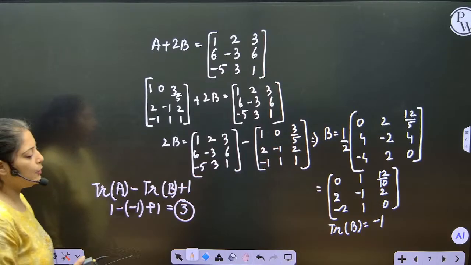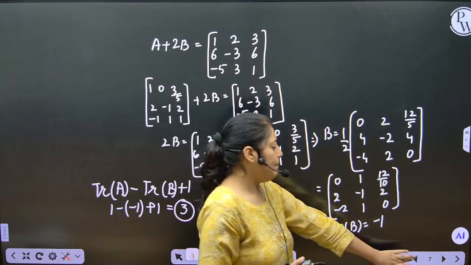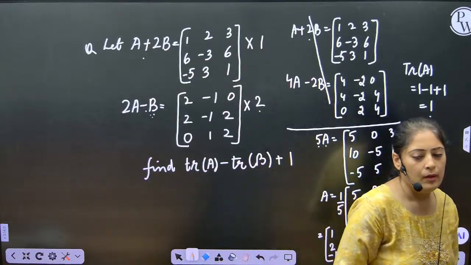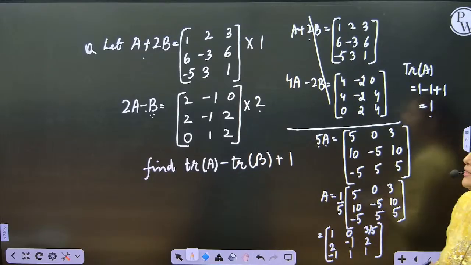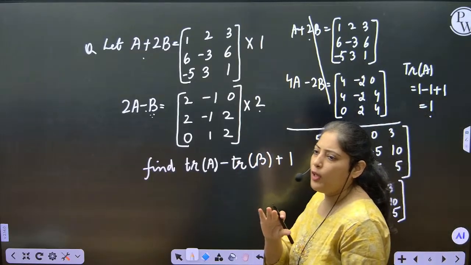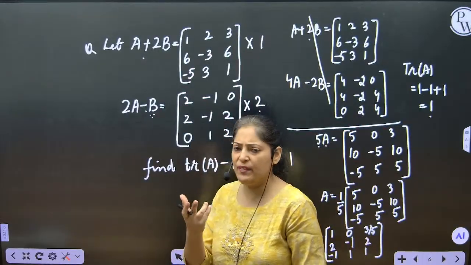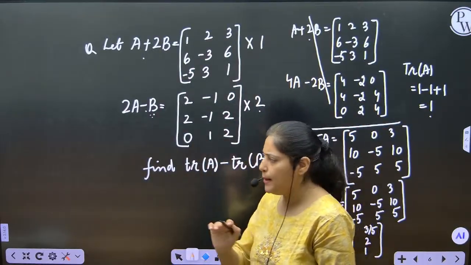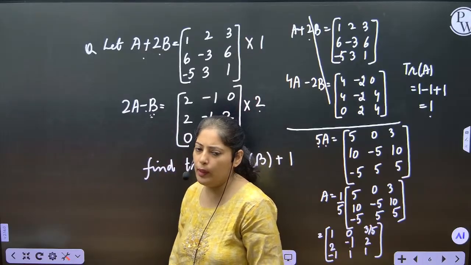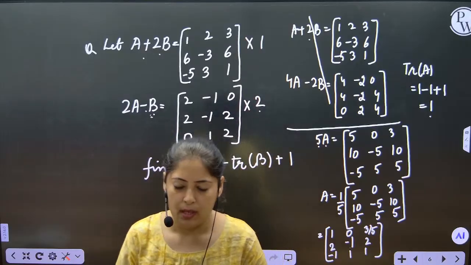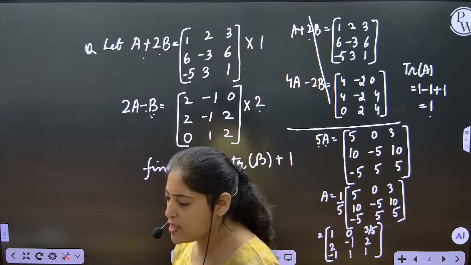I hope it is clear to everyone. So what we have done in this question, as we have already done in our 10th classes or in previous classes, we already know the concept that whenever these kind of equations are given, linear equation in two variables, but here it is two matrices we were talking about.